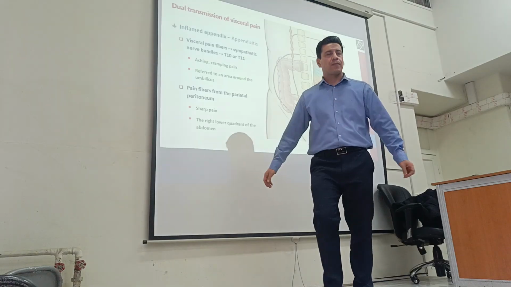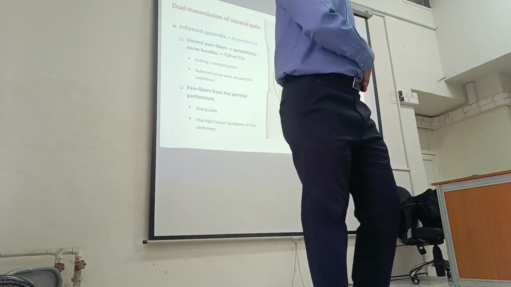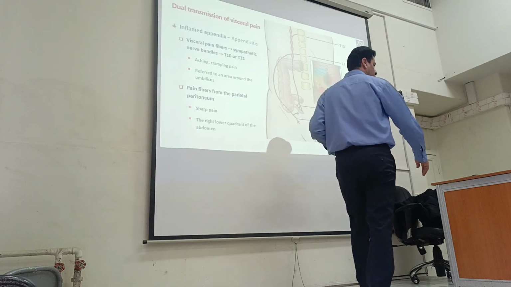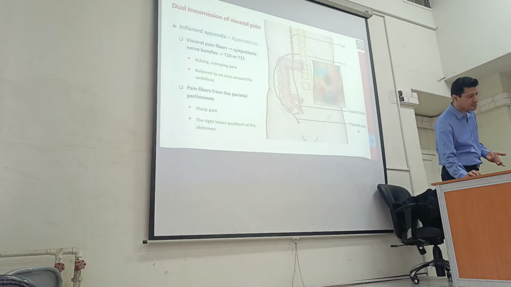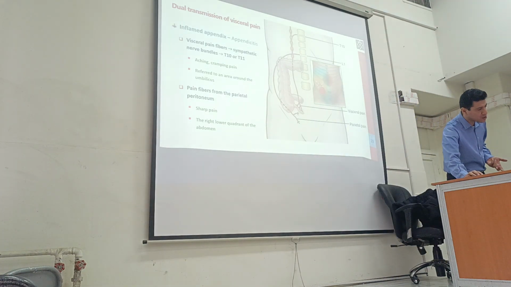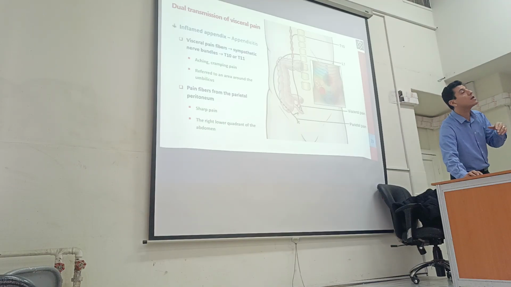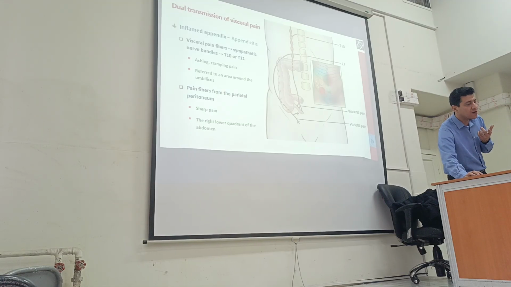So appendicitis, right? Because of an inflamed appendix. So it's here, part of the colon. Imagine that you have inflammation here, and it's covered by peritoneum. So peritoneum here has two layers, visceral layer and parietal layer. The parietal one is innervated by somatic nerves that go to lumbar one segment, right?